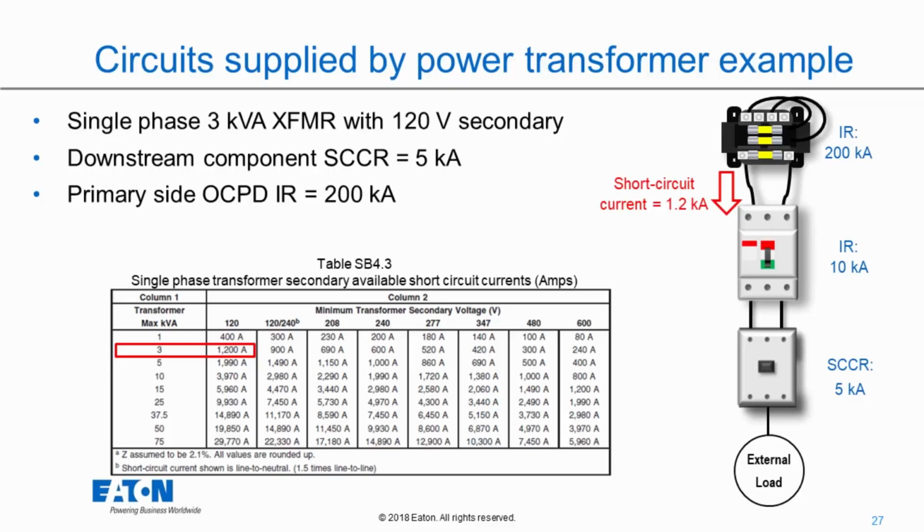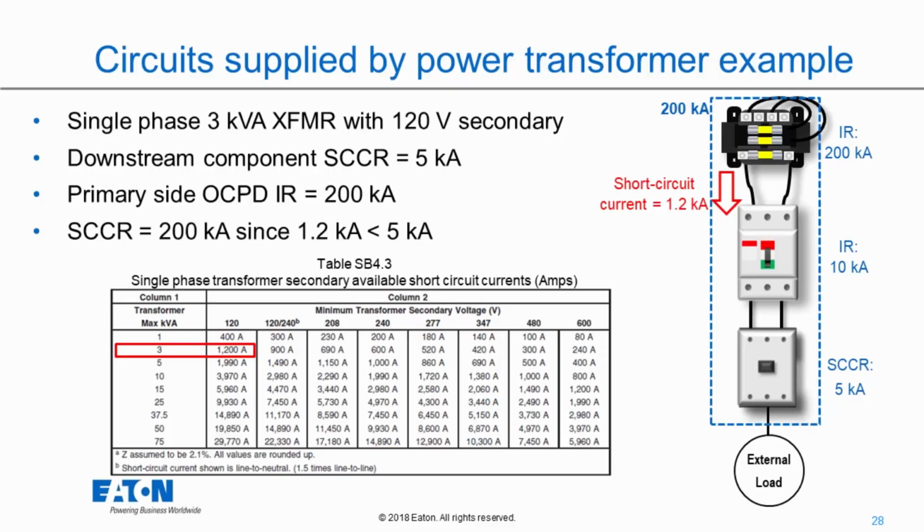So as a result, I get to make the short circuit current rating of this whole branch equivalent to the primary overcurrent protective device interrupting rating of that power transformer. In this case, I'm using a fuse. It has an interrupting rating of 200 kA, so I have a 200 kA circuit here.